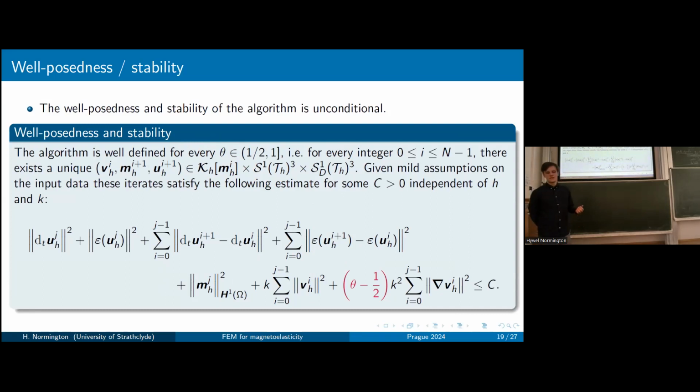So if you try and go to 1/2, this estimate down here means we will lose control over the grad theta. This would be good if you were trying to do something in the spirit of Crank-Nicolson, good for energy conservation laws, but bad for our analysis. And so this term, we require it to be strictly positive just so we can get away with estimating this term.